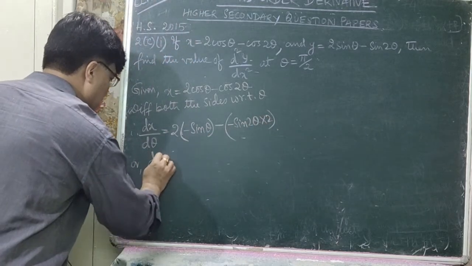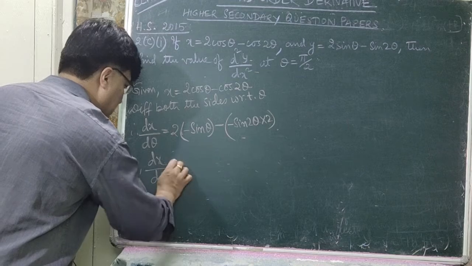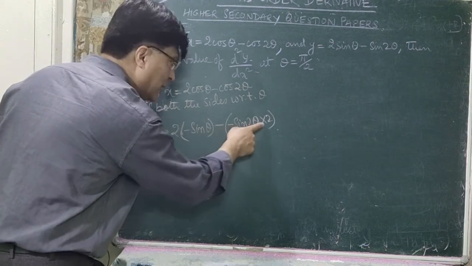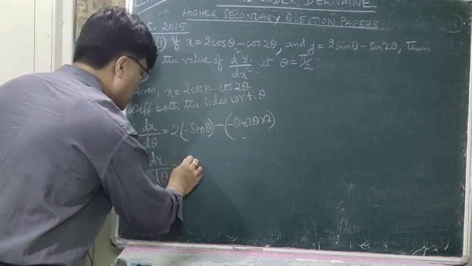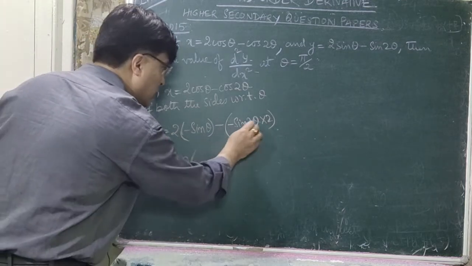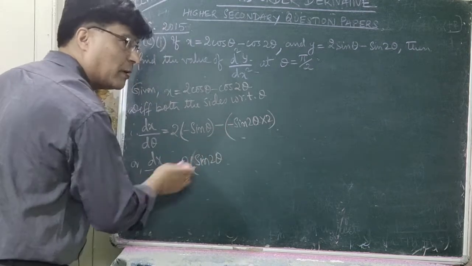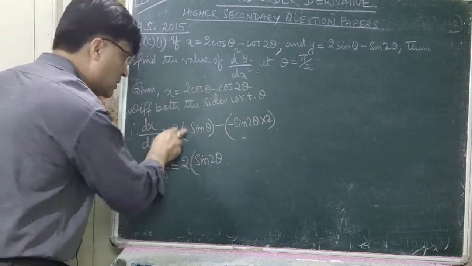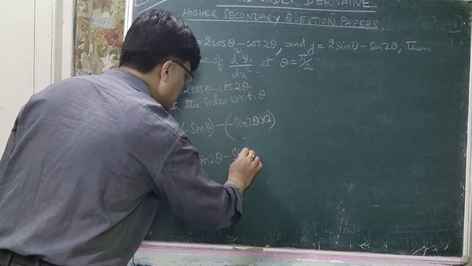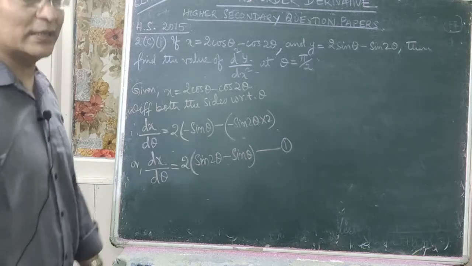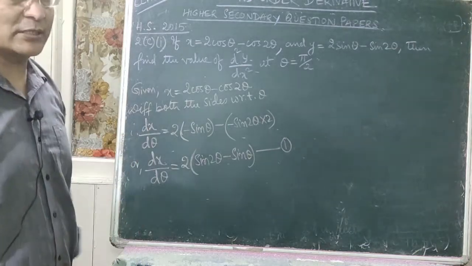So dx by d theta is equal to, minus into minus plus, 2 is taken common, and within the bracket we get sin 2 theta, the positive term written first, and then minus sin theta. Let us mark it number 1. So this is your dx by d theta.